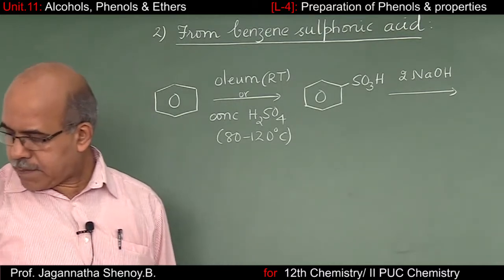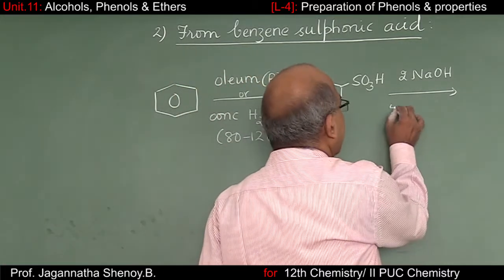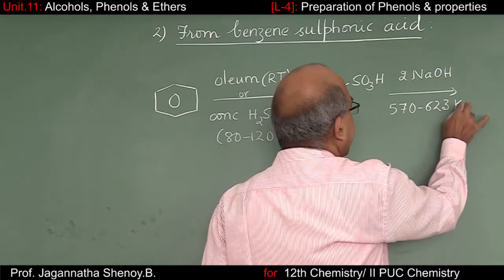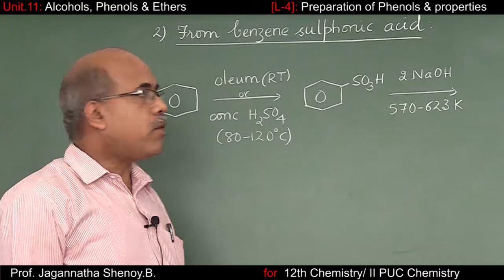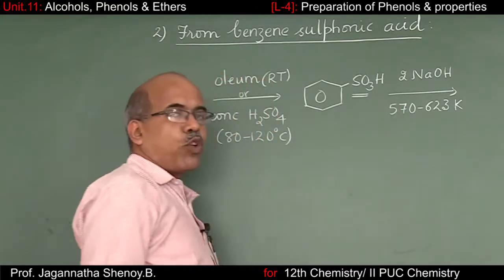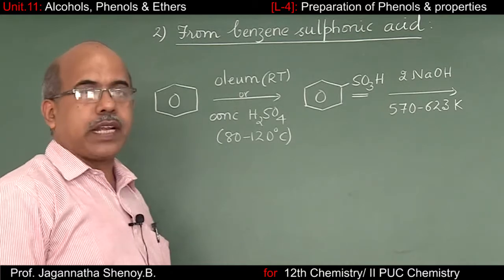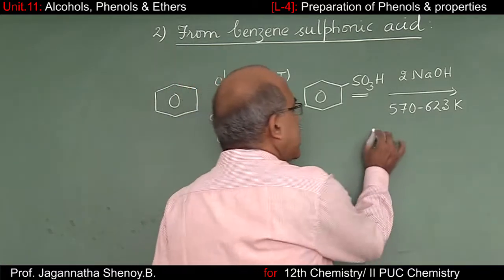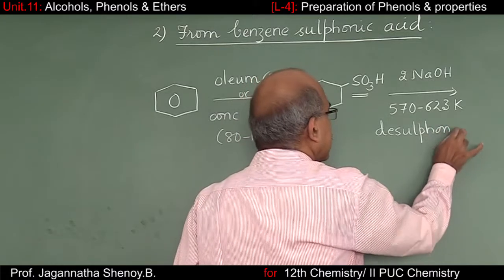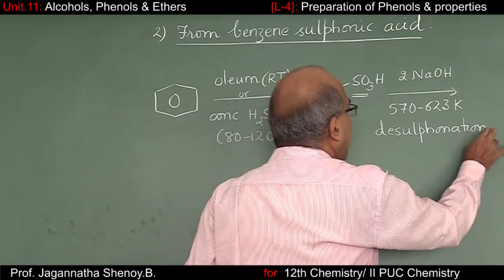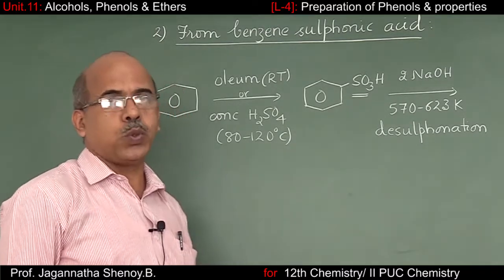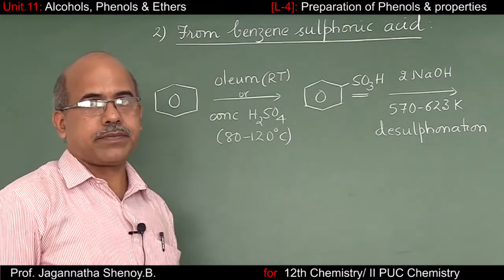In this case, the temperature employed is 570 to 623 Kelvin. Basically what happens is the SO2 molecule from SO3H is removed. The reaction is called desulfonation. Removal of carbon dioxide is called decarboxylation. Removal of SO2 is called desulfonation.